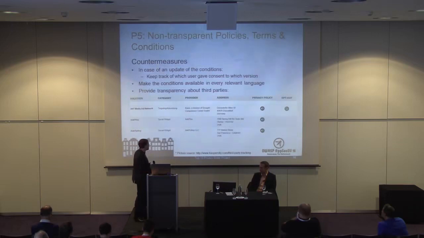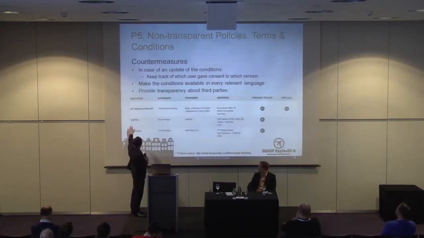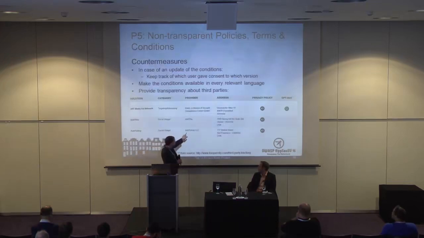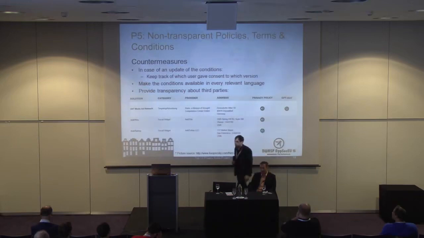Another good example we found was from Kaspersky. They provided transparency about the third parties by this table you can find on their web page. On the left-hand side is the name of the solution. You can see they gave it a category for what it's used, the name of the company who provides it, the address of the company, the privacy policy of the third party, and additionally to that, they provide an opt-out button if the third party is giving you it.